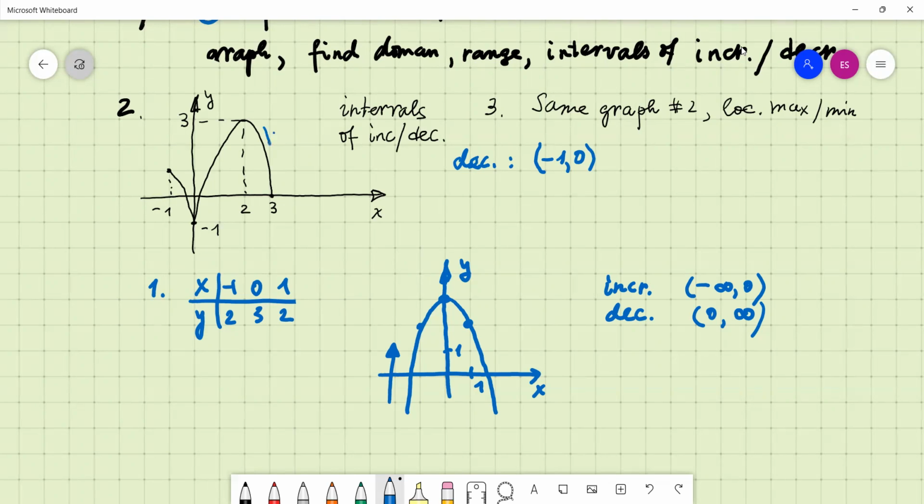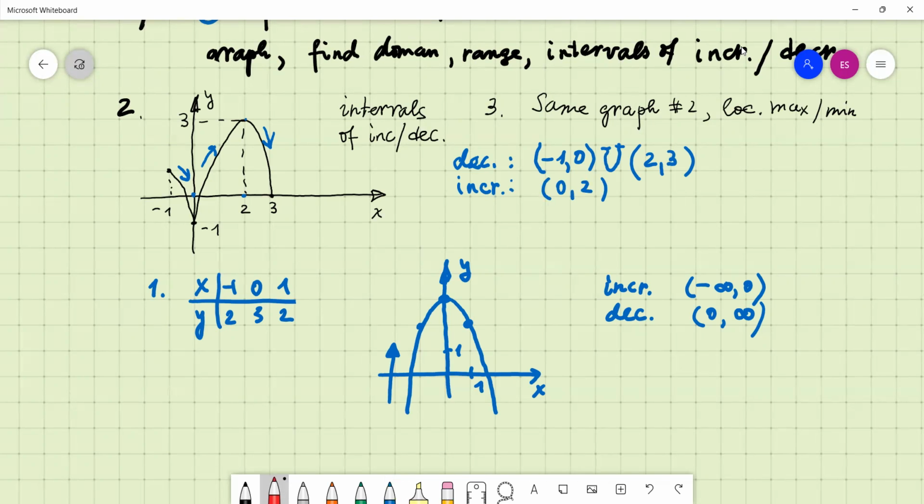Yeah, guys, over here we go down too. And that's from 2 to 3. I'm going to put U and then 2 to 3. That's decrease. Increase. Well, we are increasing from here, right? From 0 over here to 2. I'm going to write down 0 and 2.